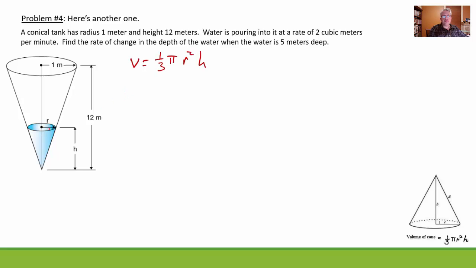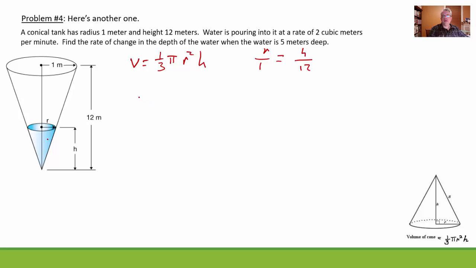But there's a relationship between r and h. So this triangle here is similar to this triangle right here. So r over 1 equals h, that's this side here, over 12, which is the length of that side there.